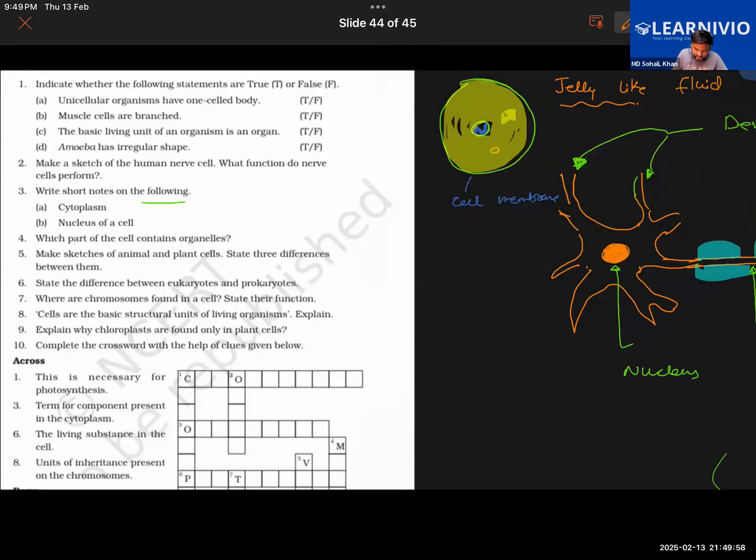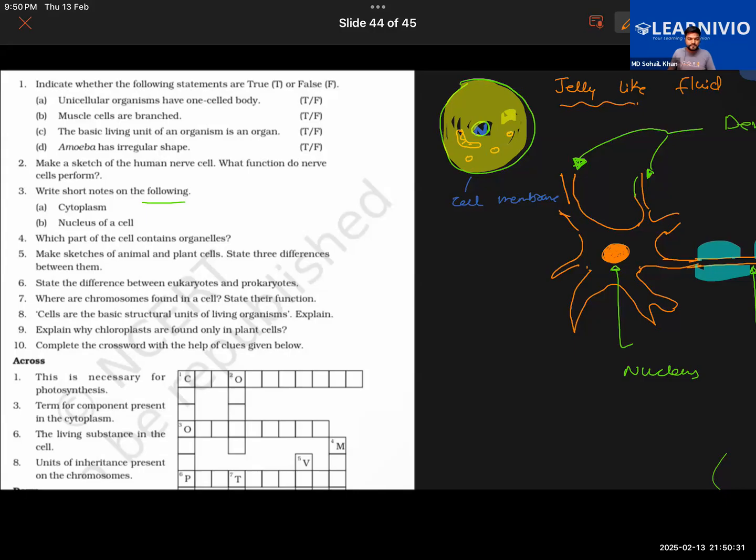Good point. It is present in between the nucleus and the cell membrane, and all the functions of the cell occur within this medium.